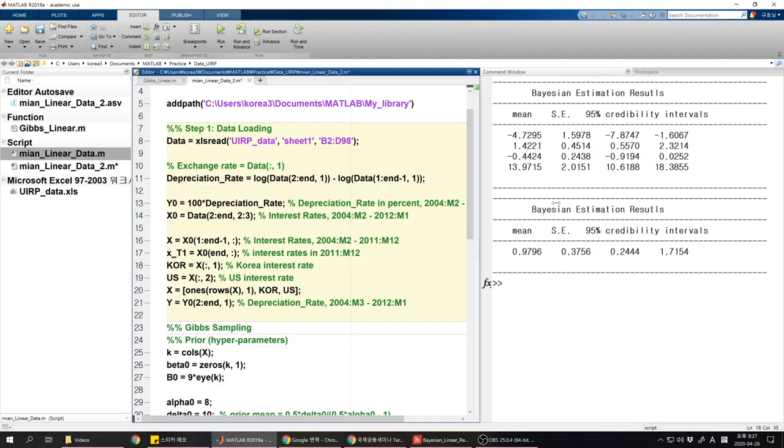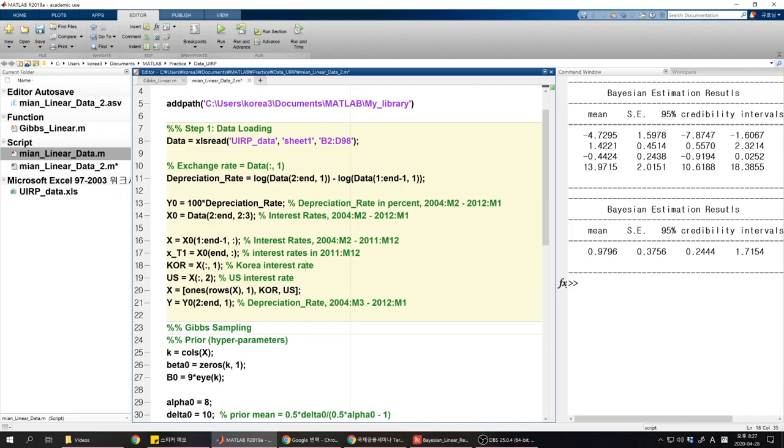We are forecasting the depreciation rates. Oh no, sorry, this is not December 2011. This is January, sorry, January 2012. Right. Let's say N1.